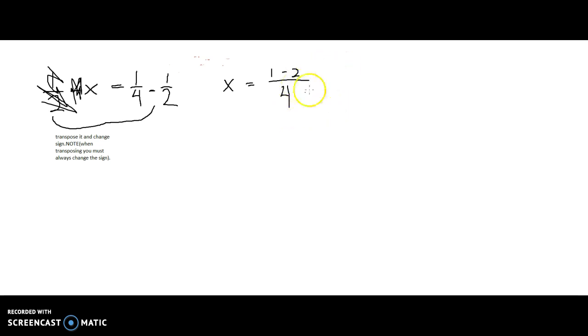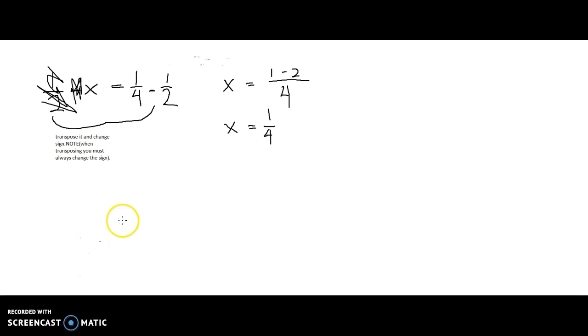So the answer is x equals, what was it? 1/4. 1/4, wasn't it? Okay. So that will be the answer, guys.